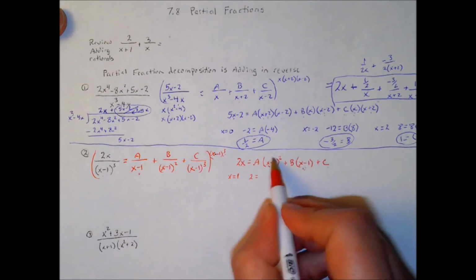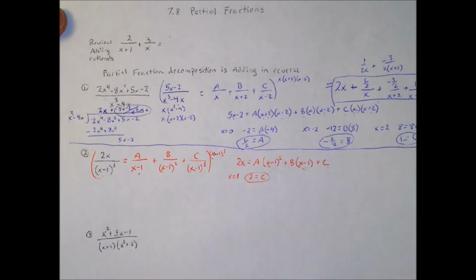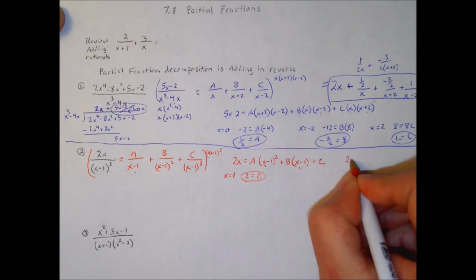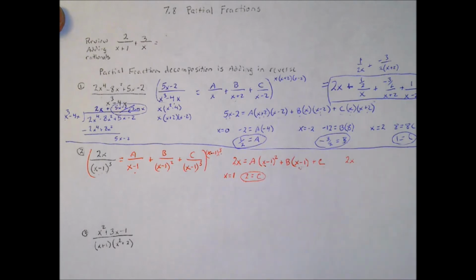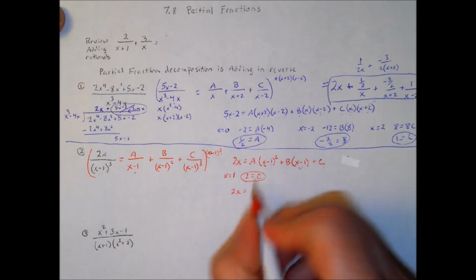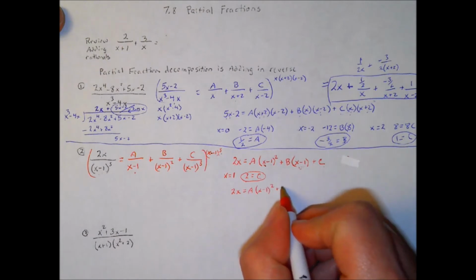So I know that c is equal to 2. Now, if I plug that back into this equation, I know that 2x is equal to a times x minus 1 squared plus b times x minus 1 plus 2.